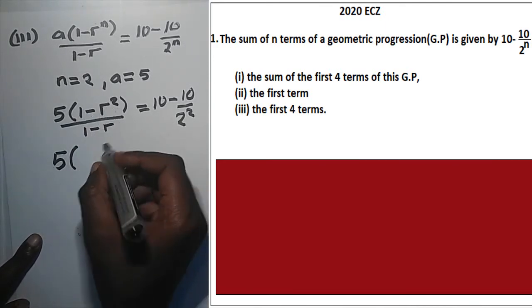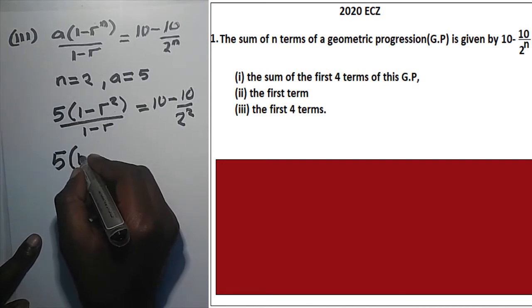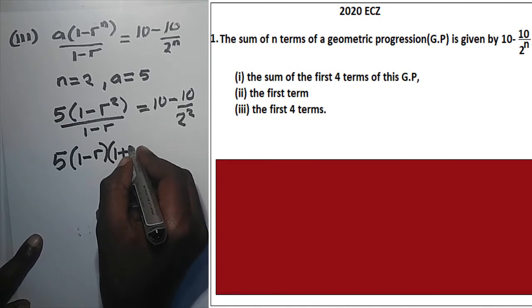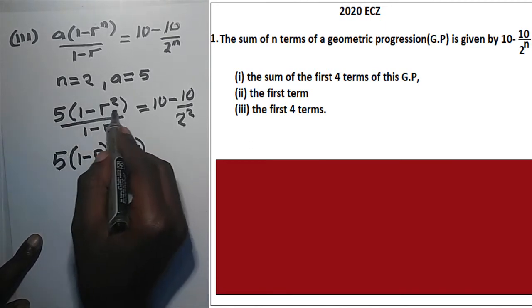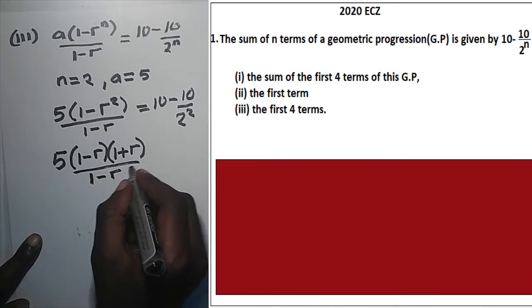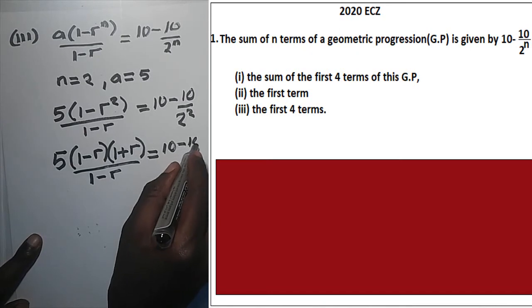So the difference of squares, we are going to have 1, the square root of 1 is 1. 1 minus r times 1 plus r. That is how we factorize the difference of two squares. All over 1 minus r. And this is going to be 10 minus 10 over 4.